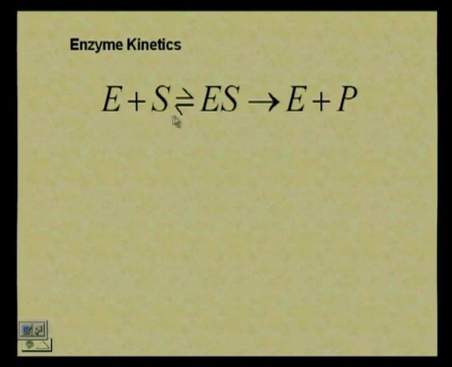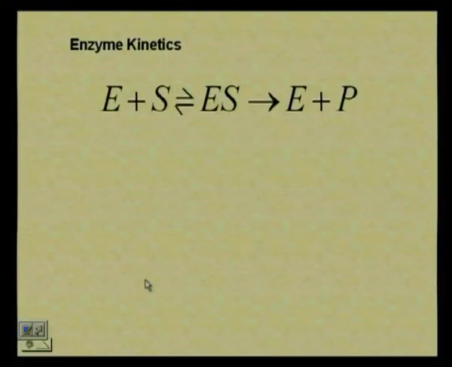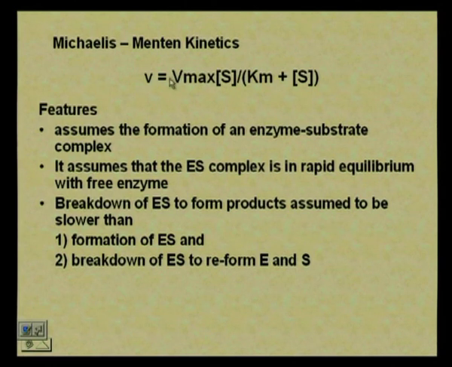So, if we look at our enzyme kinetics, we work through the whole set of expressions. Now, what do we have from the expressions? We get the Michaelis-Menten kinetics, and this is the expression that we got there, that V is equal to Vmax S divided by Km plus S. What are the features of Michaelis-Menten kinetics? It assumes the formation of an enzyme substrate complex.